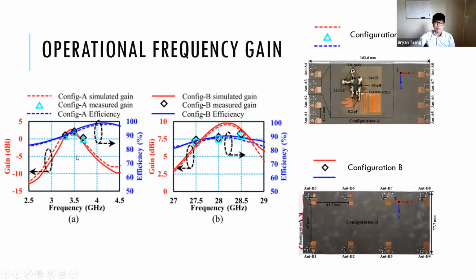But for 3.5 gigahertz, we notice that the gain is much lower than for 28 gigahertz, but the efficiency is higher than for 28 gigahertz. And I think that this is okay because 28 gigahertz doesn't propagate as far as 3.5 gigahertz. So I think that's why they're cool with this design, I guess.